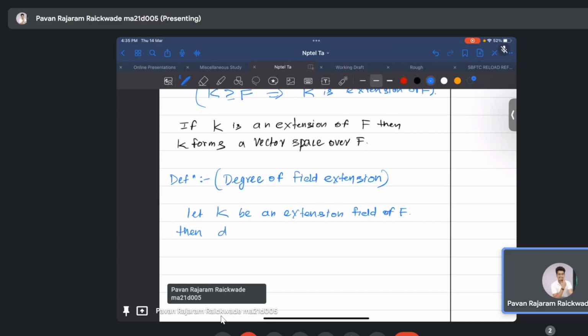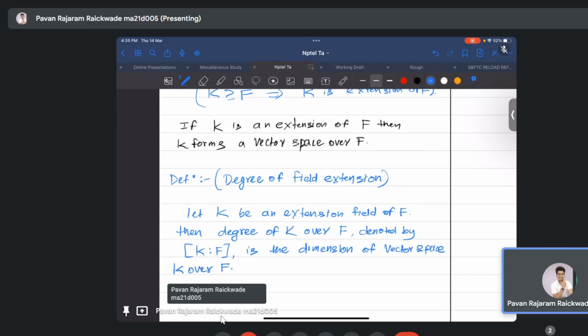Then the degree of k over f, denoted by [k : f], is the dimension of the vector space k over f, right? So this is basically the degree.